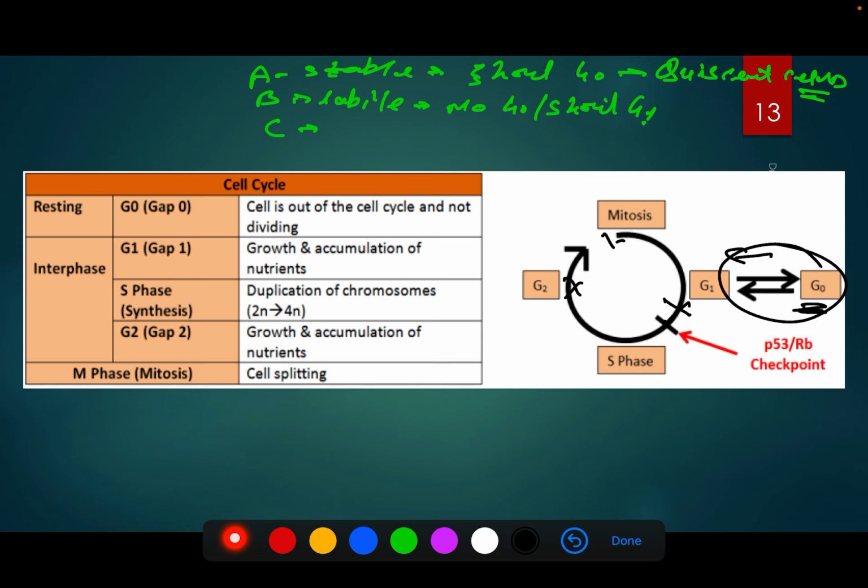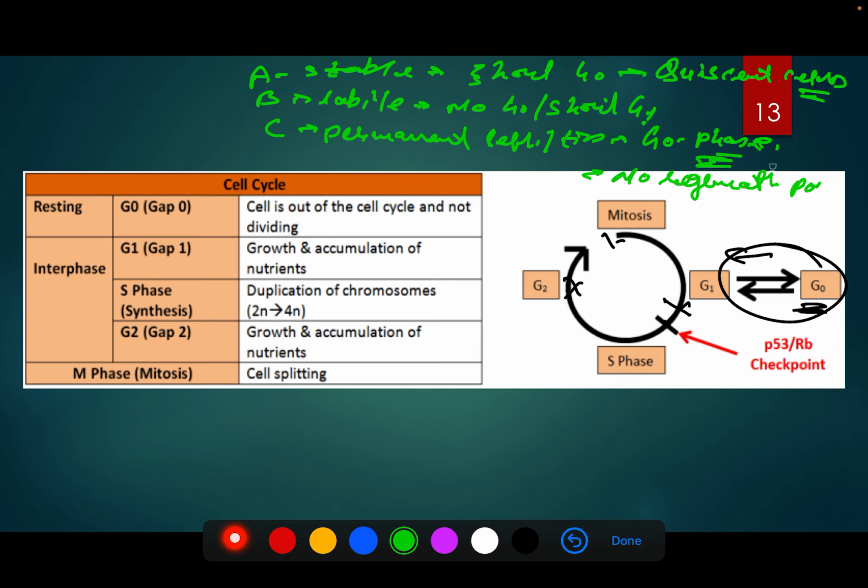That means they are non-dividing cells. They are called the permanent cells or permanent tissues. So they always remain in G0 phase. They are always resting. So they have no regeneration power.